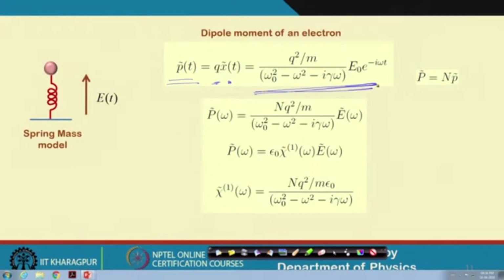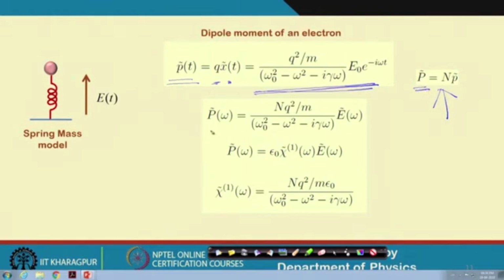Polarization is the dipole moment per unit volume. If n is the number of dipoles per unit volume, and I multiply this number with the individual dipole moment p, then the big P will be the total dipole moment per unit volume.